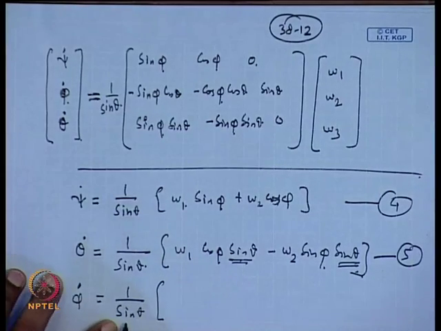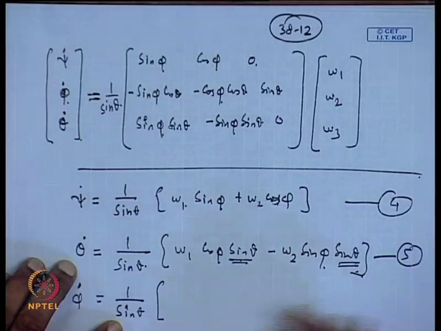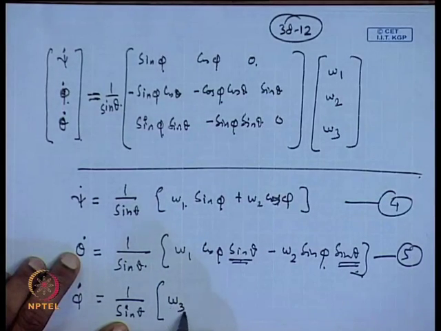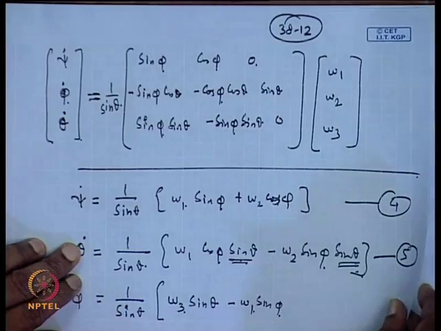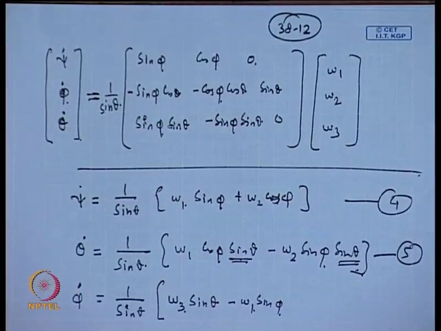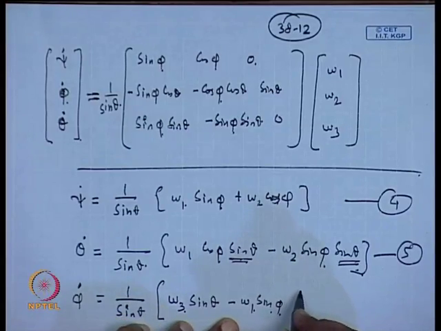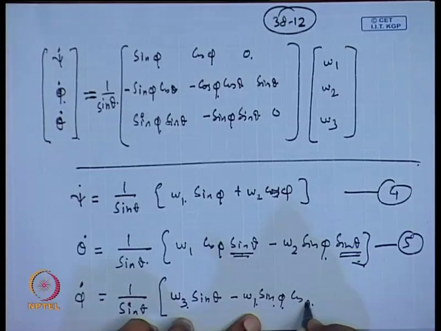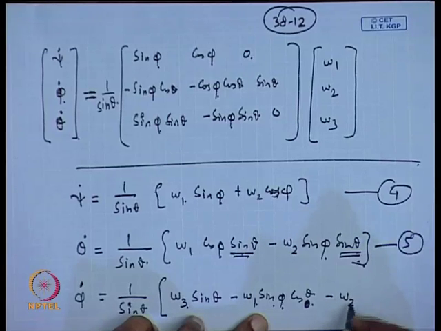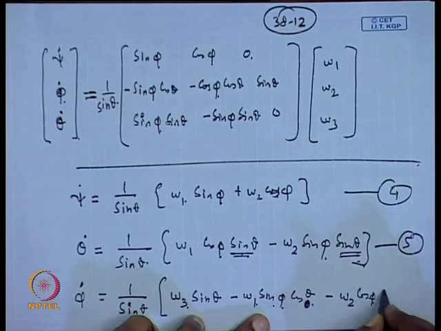Here in this case also I am taking sin theta in the denominator outside, and therefore I will be introducing the sin theta factor inside, and this can be written as omega 3 sin theta minus omega 1 sin phi cos theta minus omega 2 cos phi into cos theta.